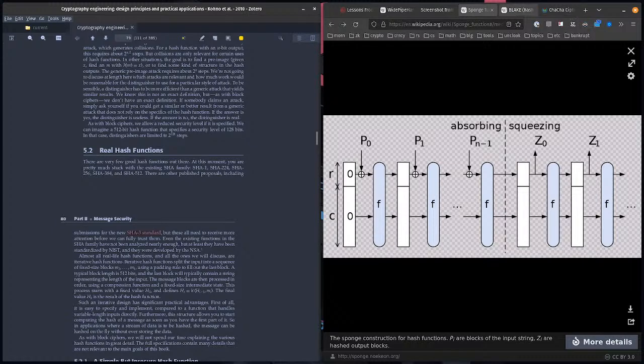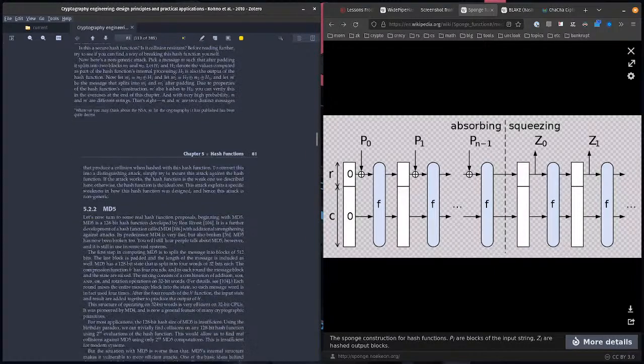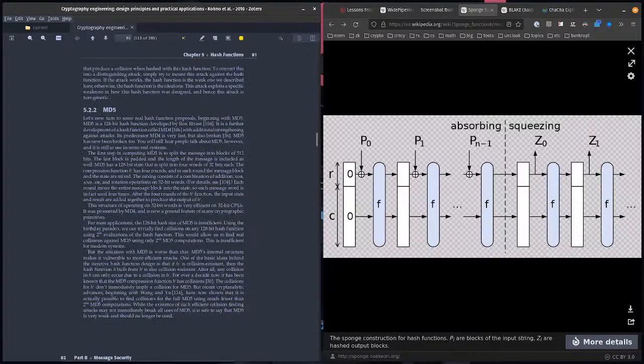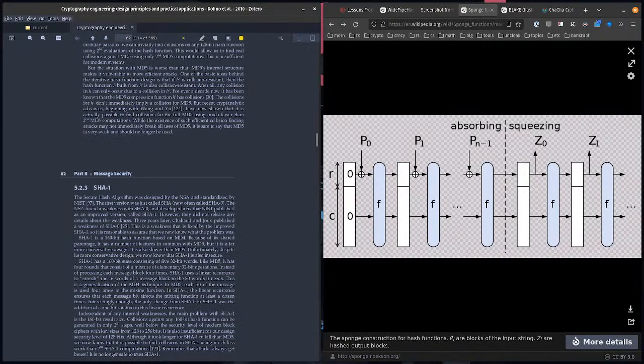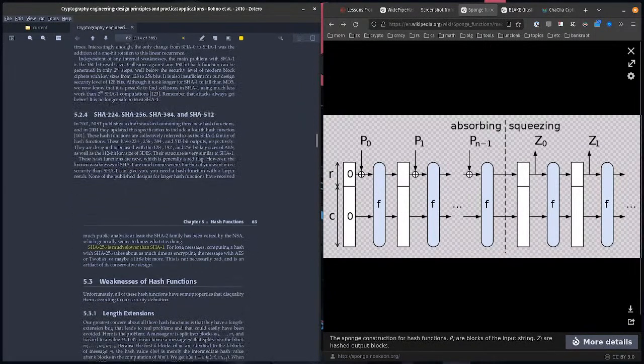All right, yeah. And maybe then to wrap up a little bit on this chapter, the book turns its attention to some historical hash functions that have been broken, MD5 and SHA-1. There are reasons to use MD5 and SHA-1 in practice, but generally the collision resistance of the hash function actually isn't that important.